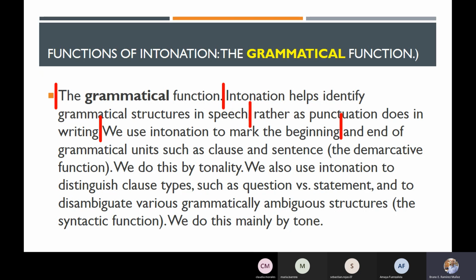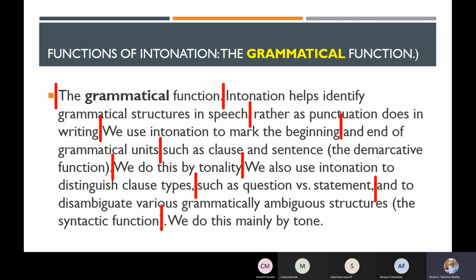We use intonation to mark the beginning and end of grammatical units, such as clause and sentence, the demarcative function. We do this by tonality. We also use intonation to distinguish clause types, such as question and statement, and to disambiguate various grammatically ambiguous structures, the syntactic function. We do this mainly by tone.